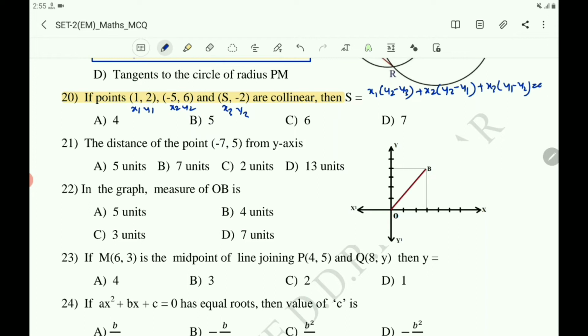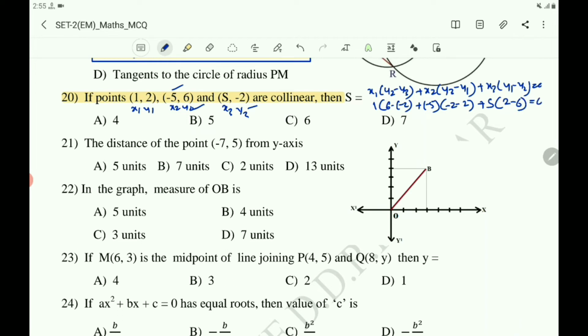Then x1 is 1, y2 is 6 minus 2, plus x2 is minus 5, y3 is 2 minus y1 is 2, then plus x3 is S, y1 is 2 minus y2 is 6, equals 0.